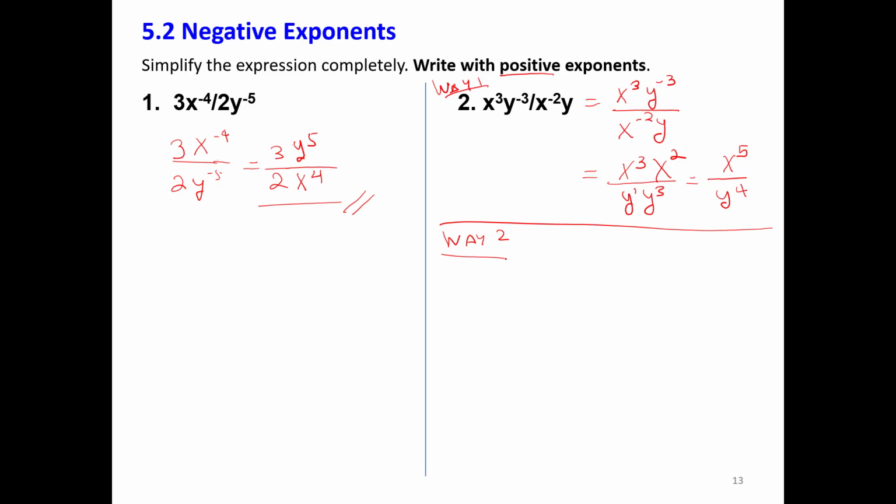And you can solve in either way, right? Either way. Let's write here the problem again: x to the third over x to the minus 2 times y to the minus 3. Then let's apply the quotient rule first. If we apply the quotient rule, it will be x to the third minus, this one minus this one. We have to be careful.